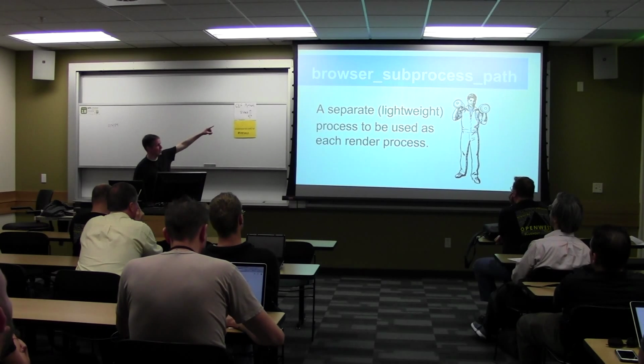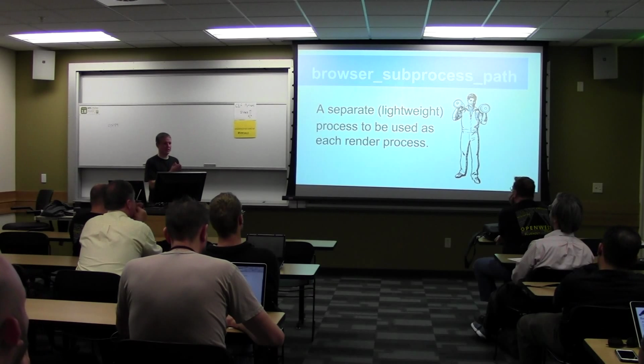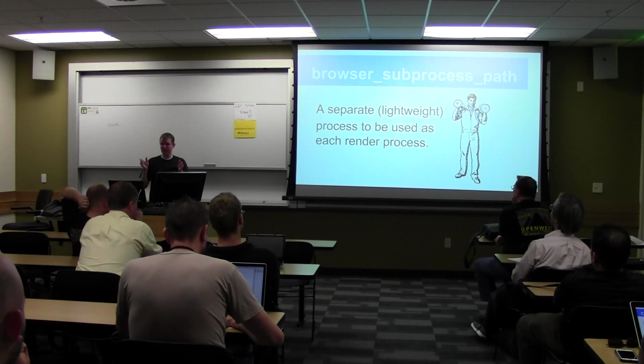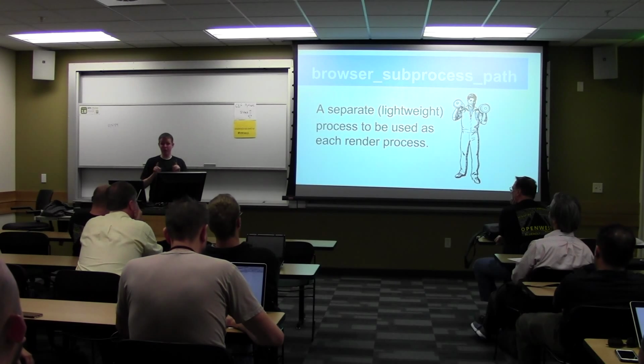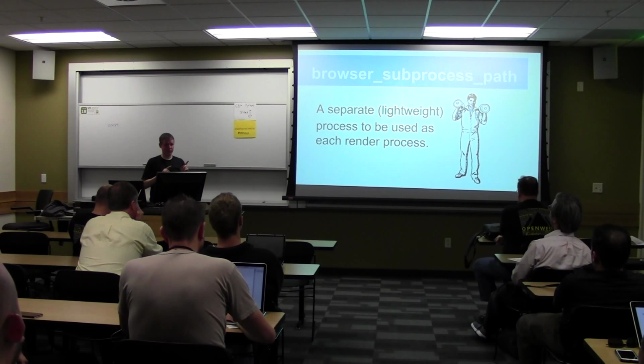Okay, the browser subprocess path. This is a setting where you give it the path to that subprocess.exe. So when it starts up, it knows, okay, I'm going to kick this subprocess off for my render process. If you don't supply this, it will use wxpython.exe for your render process.